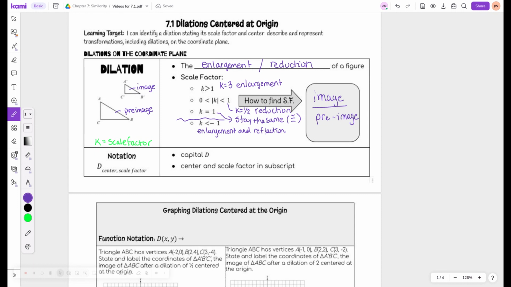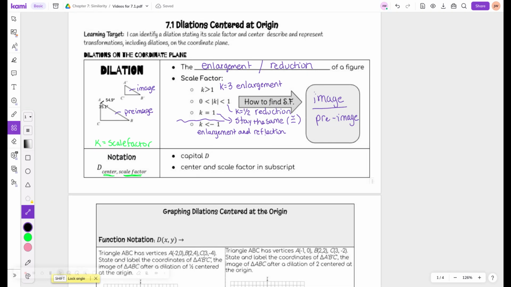When you're using notation for dilation, it's important to note that the dilation must have a center and a scale factor. Finding the center of dilation is quite simple. You can draw lines connecting the pre-image vertices to the corresponding image vertices.